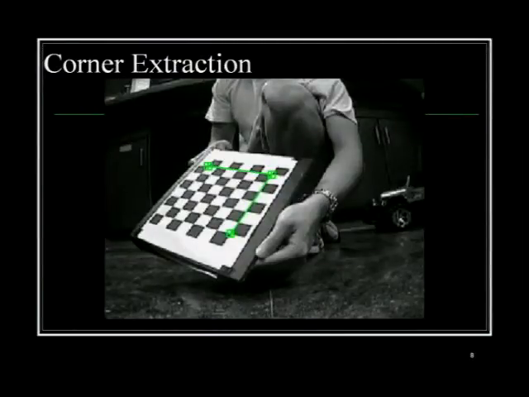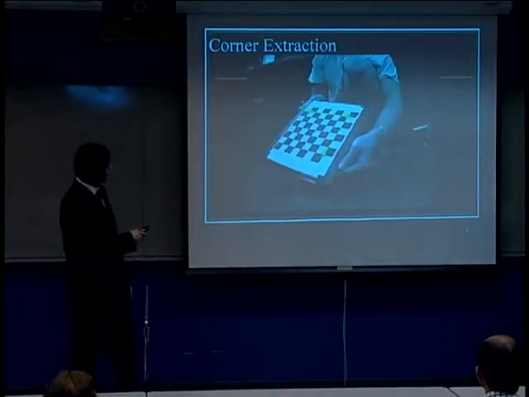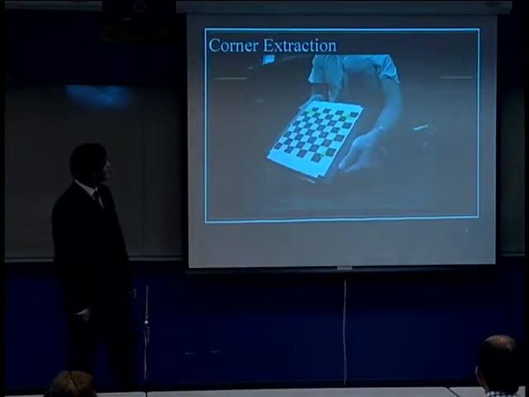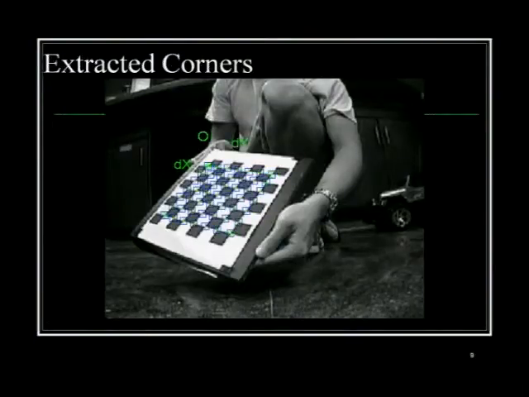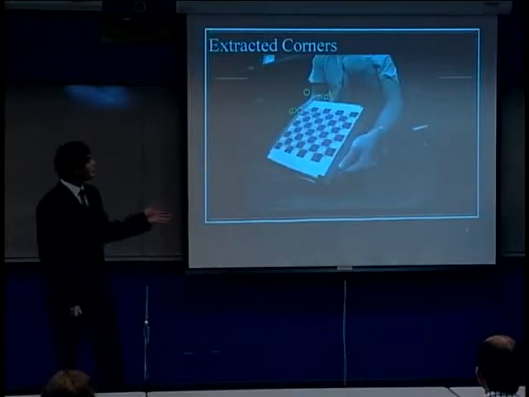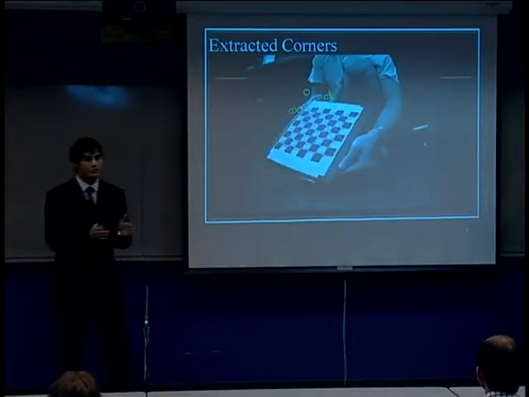What the toolbox does is corner extraction. For every picture of the set that we took, you acquire those corners, and it extracts all the corners. You do that for every image, on each individual camera.